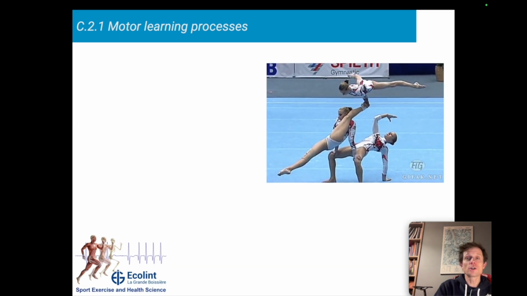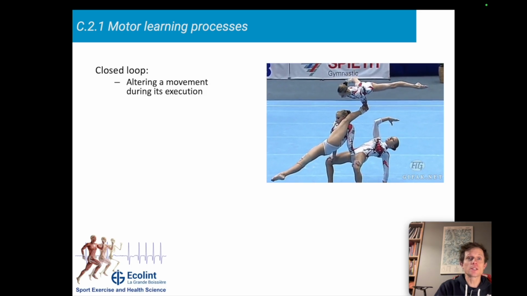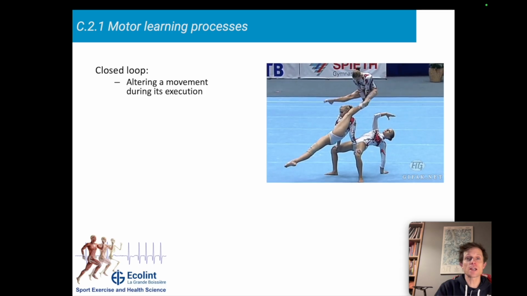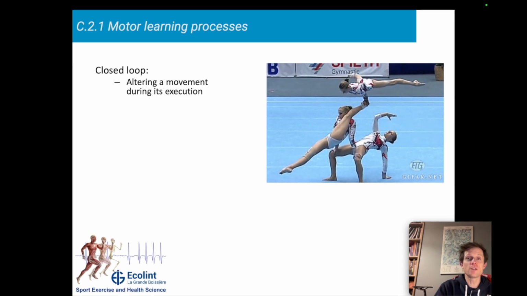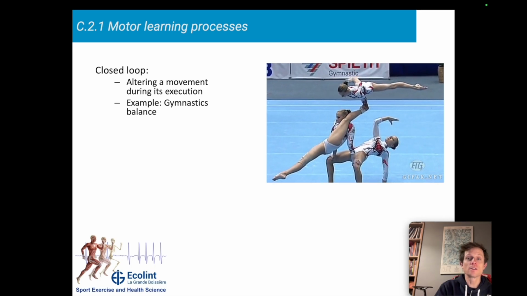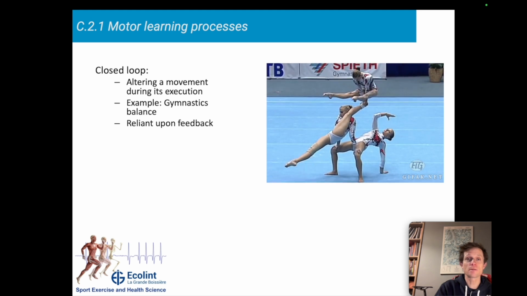We can also look at a closed loop theory of control. In this case, we can see that movement is able to be altered during its execution via a feedback mechanism. So for example, in this gymnastics balance here, the gymnasts are able to adjust their positions based on the feedback.